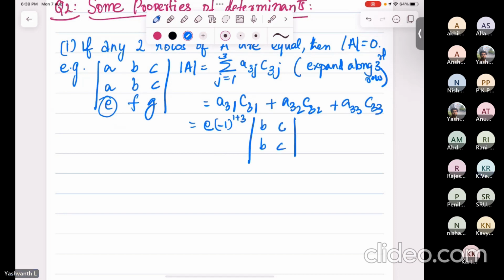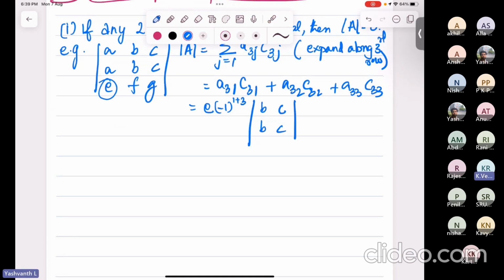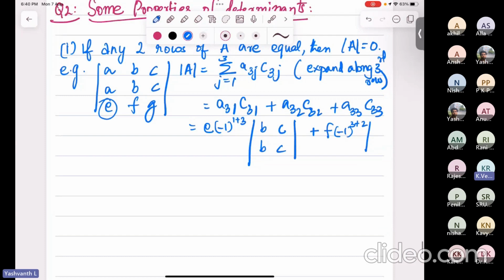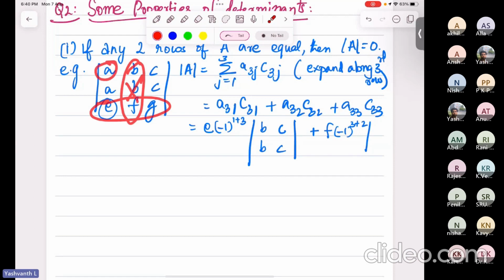BC. Okay. Now this one will be plus A32 into, what is A32? F into minus 1 power 3 plus 2 into, what I'm saying is this one and this one you should delete. Remaining is AC.